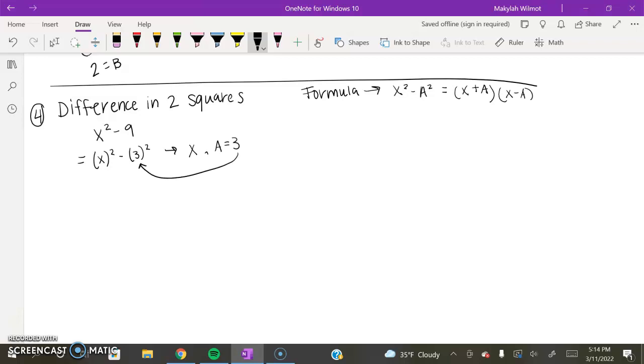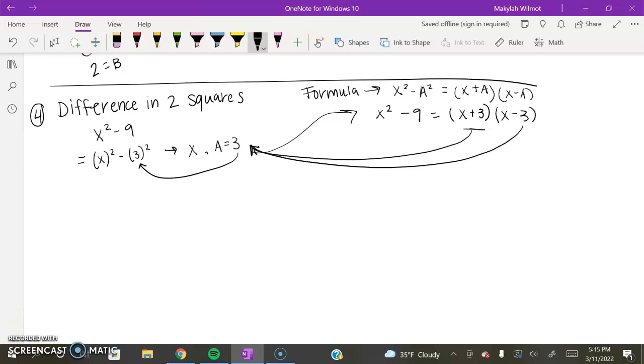Plugging that into our formula, it would be x plus 3 times x minus 3.